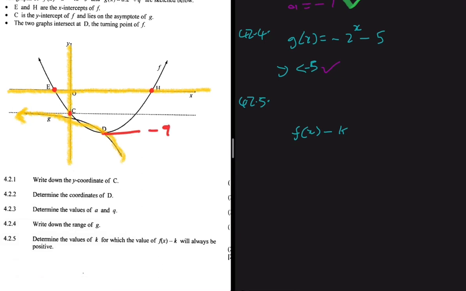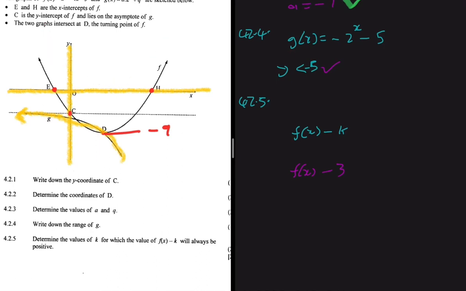We know that f of x plus 3 moves the entire graph 3 units up, and f of x minus 3 moves the entire graph 3 units down. Then we have to shift it more than 9 units up if we want our graph to always be positive, because then it's going to be above the axis, so all the values will be positive.